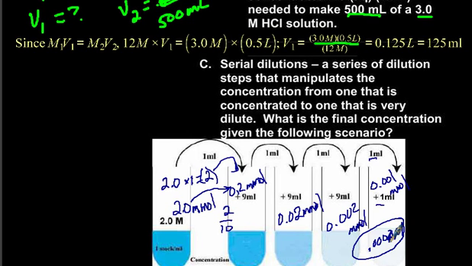I'm sorry, 0.001. No, I still messed that up. It is 1/1000 of a mole, 0.0001 mole per liter.